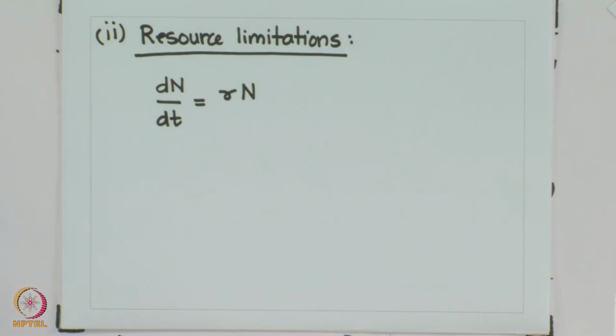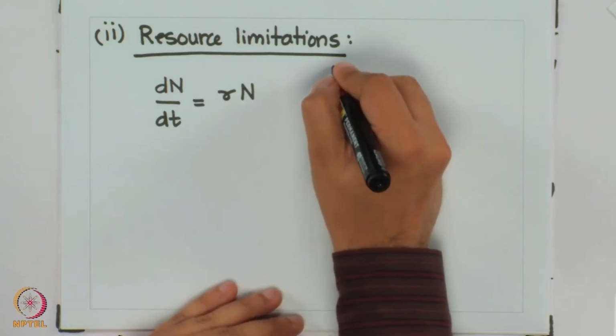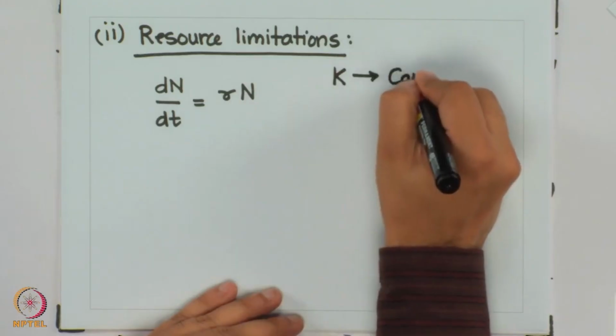And if it was unconstrained growth, this is the equation that we would get. But limitations happen. The environment in which this experiment is taking place is not going to be able to support growth for a very long time. So, how do we incorporate that limitation? The standard way to do that is by introducing a variable called K, which is called the carrying capacity of the environment.